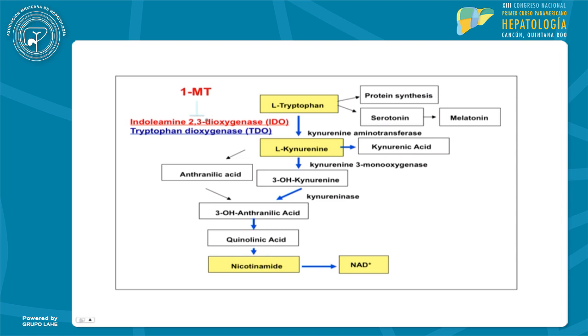And this pathway may be inhibited by an antagonist that is a modified tryptophan called 1-methyltryptophan. And we have used this molecule to see what happens in a model of NASH to the IDO pathway.